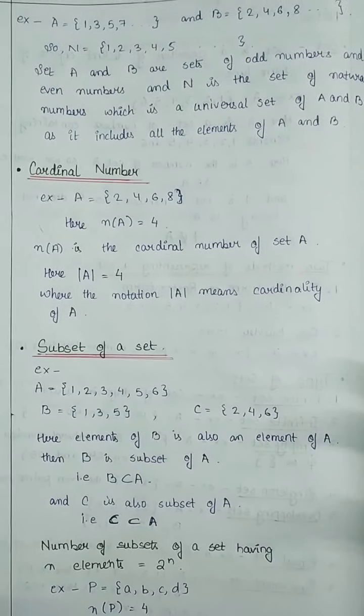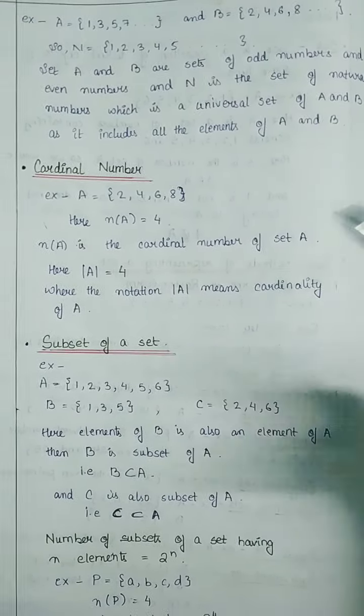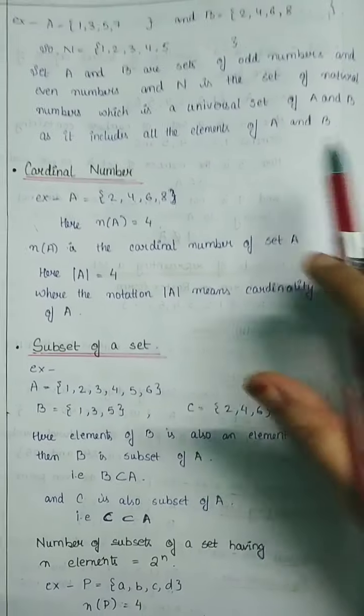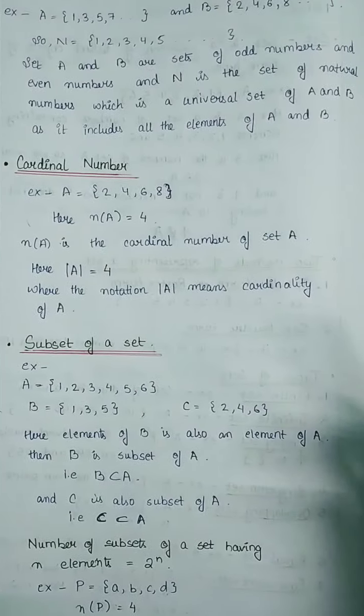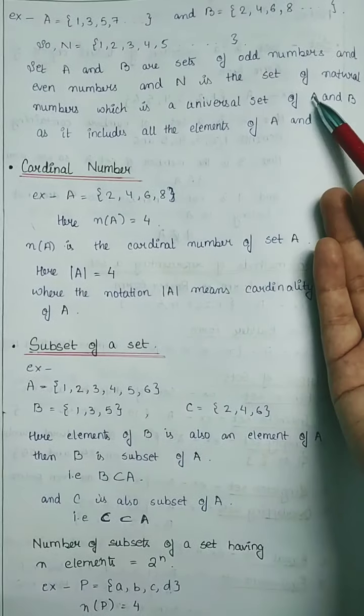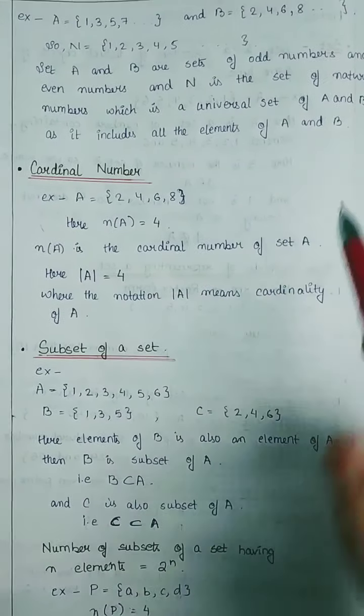If this is the universal set of these two sets, it doesn't mean that it will be the universal set of all sets. For example, if I take A = {-1, -2, -3}, then this will not be the universal set of that. Only for odd numbers and even numbers is this a universal set. For prime numbers, this can be the universal set.